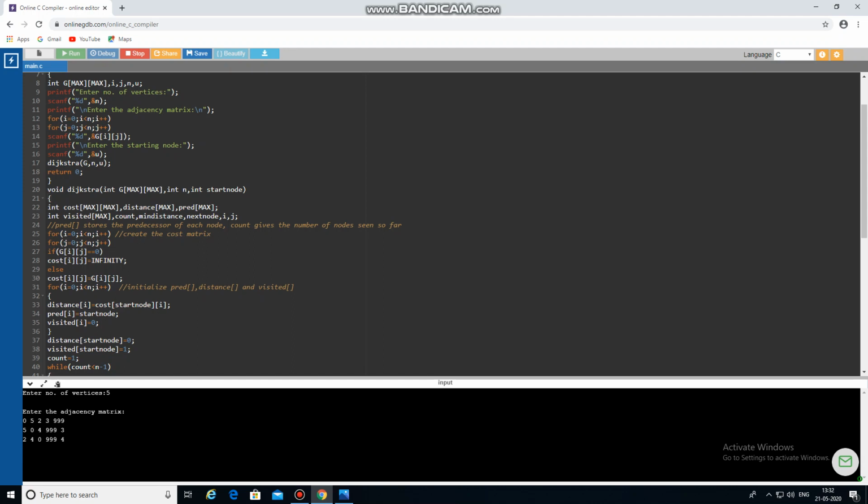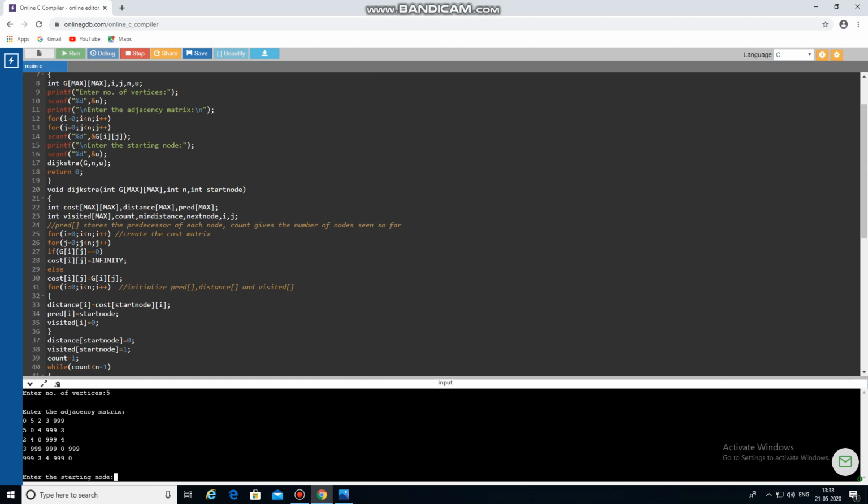Next from D to A it is 3, D to B and D to C we don't have a connection, D to D it is 0, D to E again it is 999. Then last, E to A no link, E to B 3, E to C 4, E to D no link, E to E it is 0.